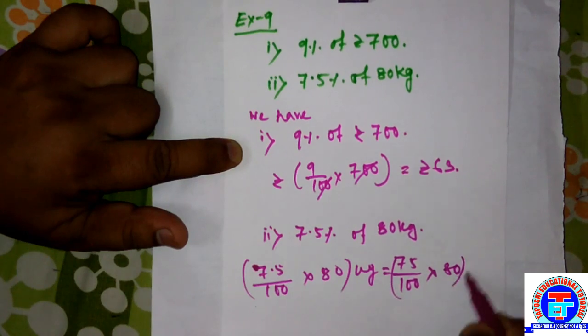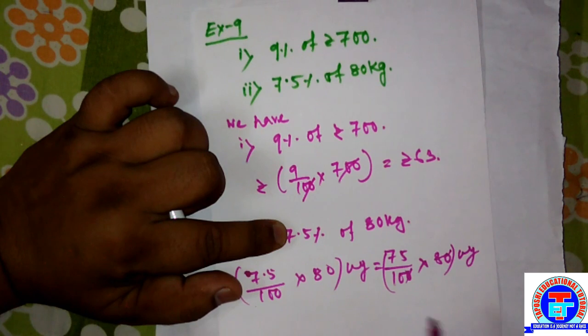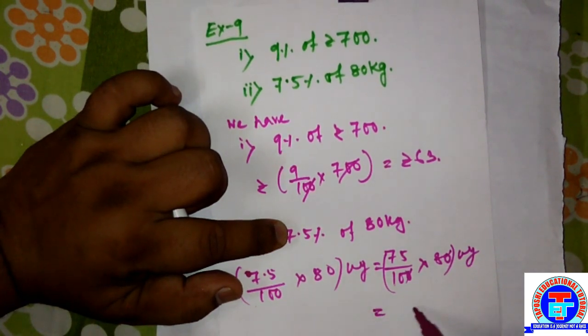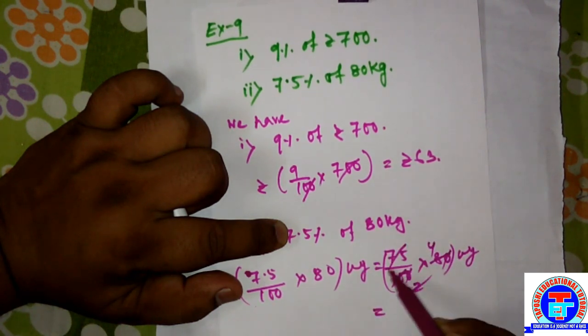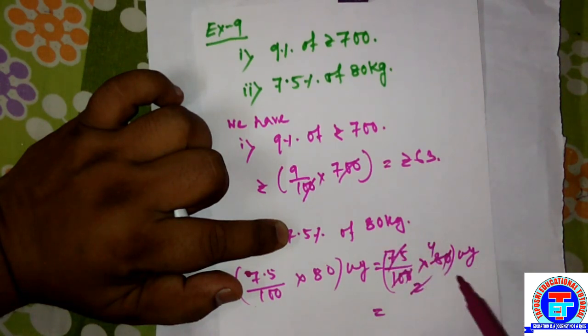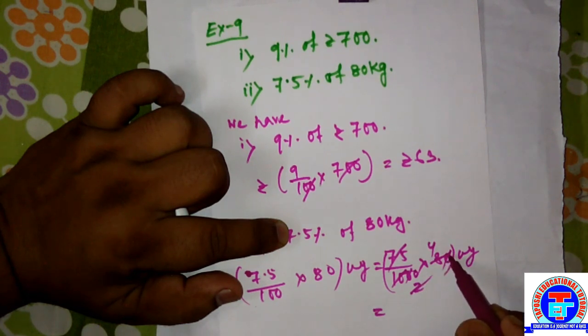Okay, this one kg, 0 cancel, it will become this one 2 and this one 4 and this one became this one 5, means this one 0 cancel, 2 is there. Okay, so it will become 2 is there, so 1 cut here, 100, that means here 20.